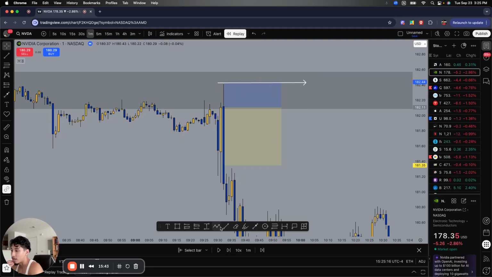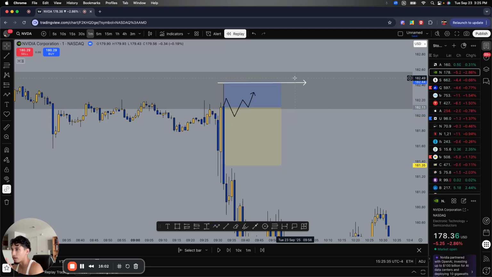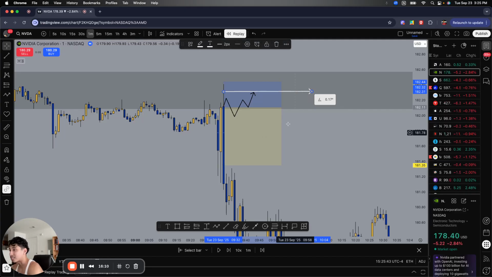But if we do something like this and we reverse and we come up a little bit more right here, and by the time we tap into here, we're at 182.30 and we're down 50 at this point, then I'm going to get out right here. I'm not going to wait for this to tap into here, because if it does come up into here, I could be down 170, 180, when I know my max is 50.